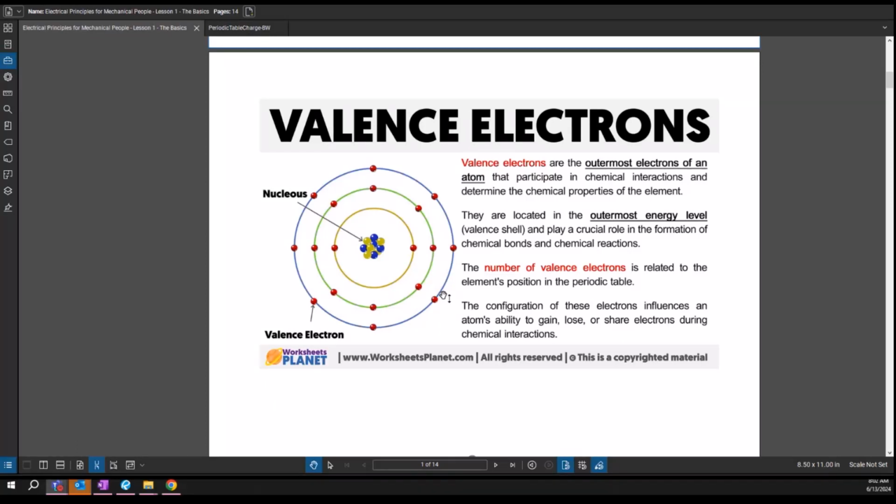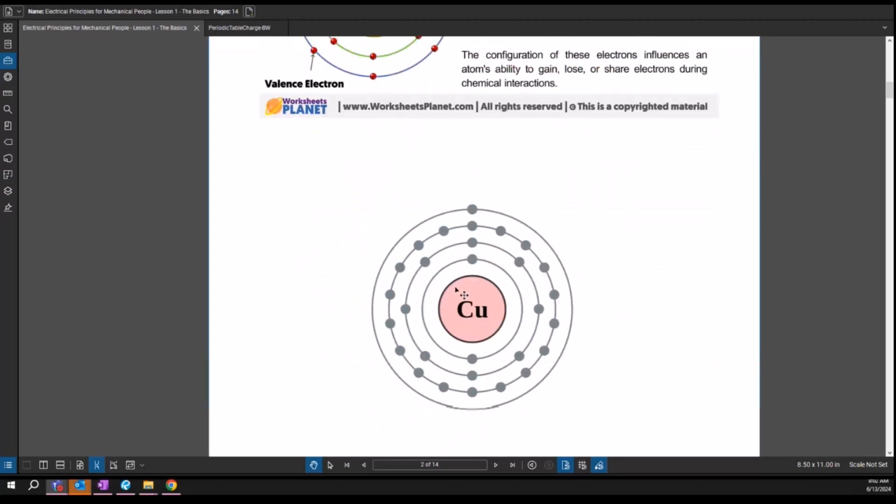Because if you only have 1, as in copper, you can very easily lose that one. The resistance of losing that we will come back to later, but that's the idea: how hard is it to get that electron off of that outer shell?